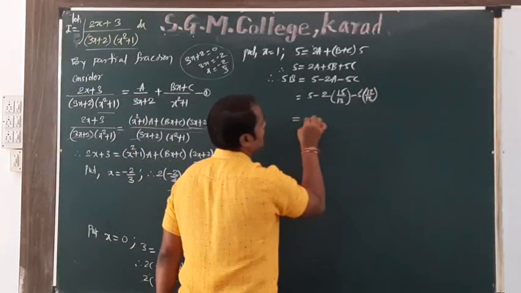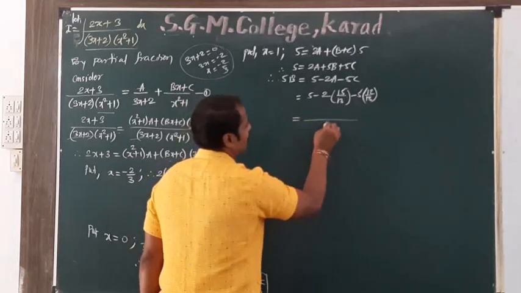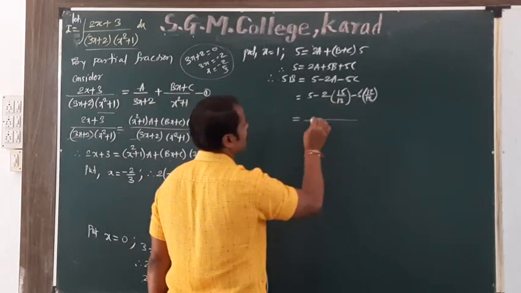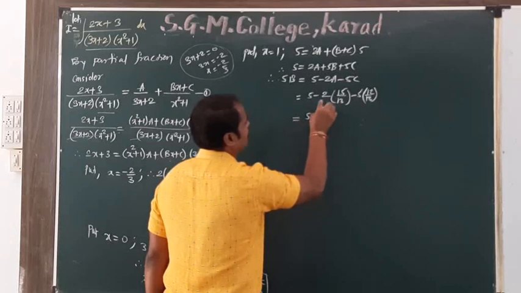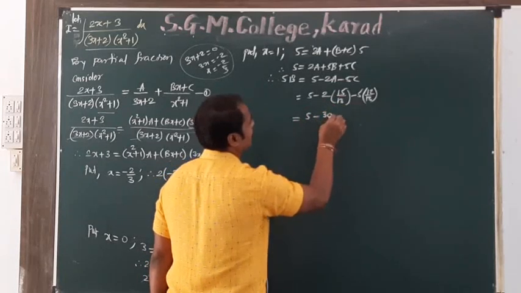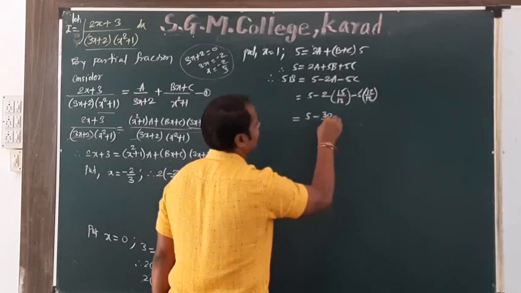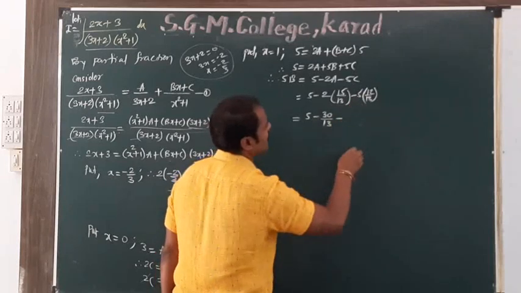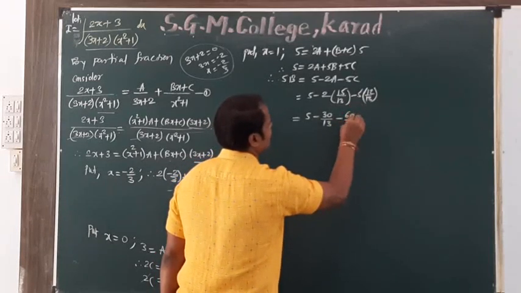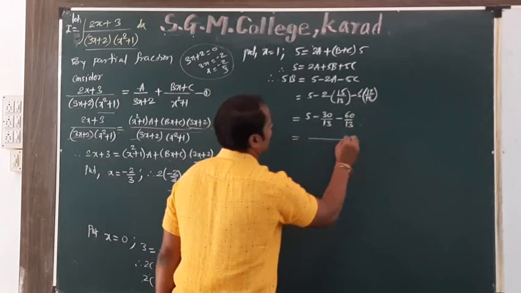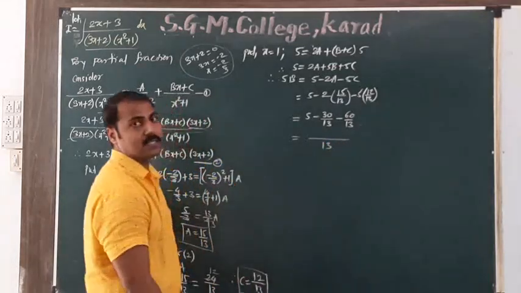On simplification, I can write here 5 as it is, minus 2 15s are 30 divided by 13, minus 5 12s are 60 divided by 13. Making the denominator the same here, the denominator is 13.